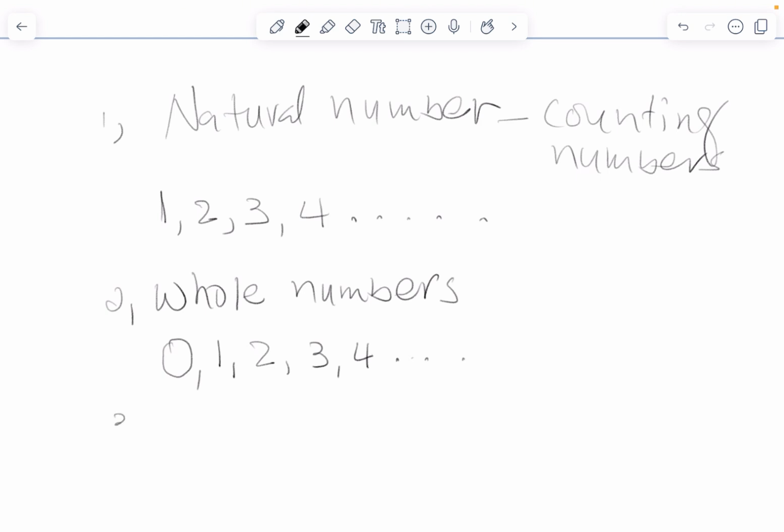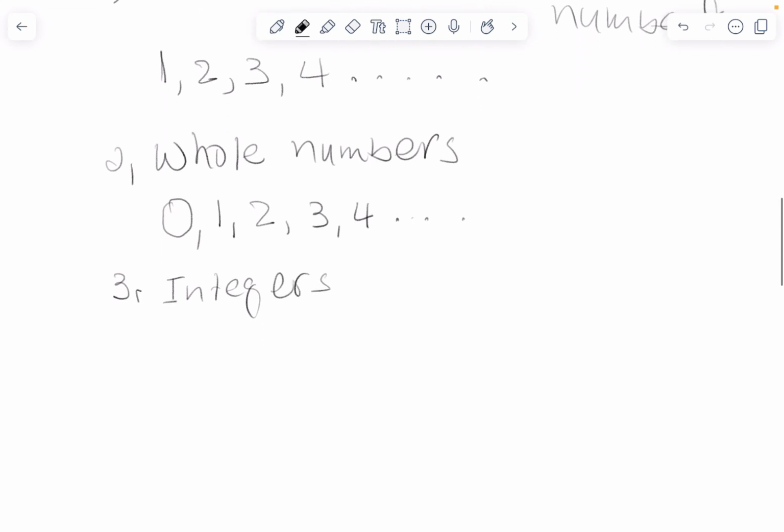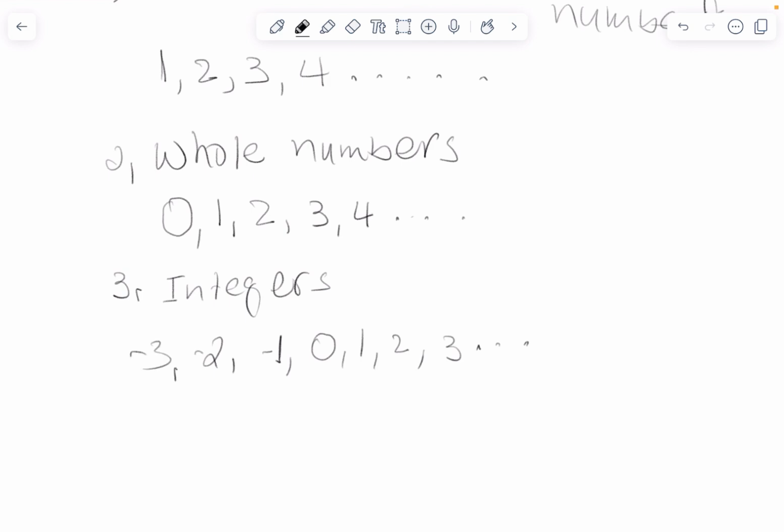The third one we're going to talk about is integers. Integers are the whole numbers, which are 0, 1, 2, 3, and on the other side the counterparts of the whole numbers, which are negative 1, negative 2, negative 3, just like that.